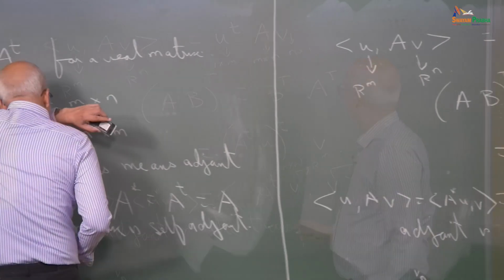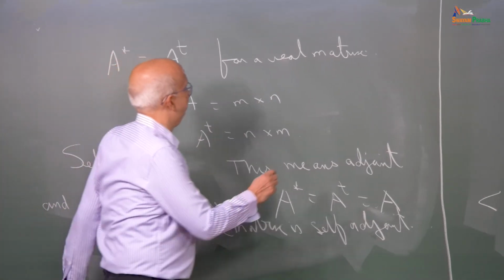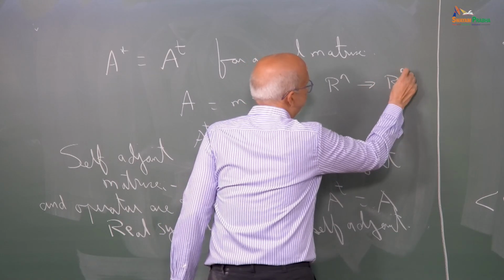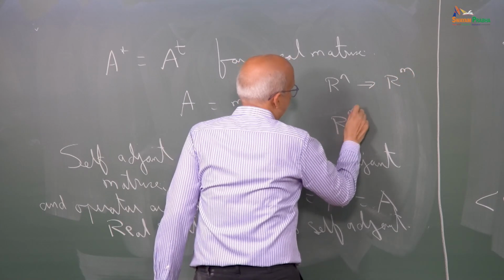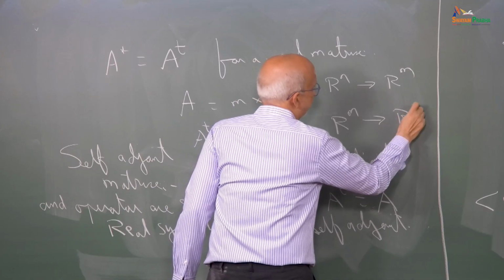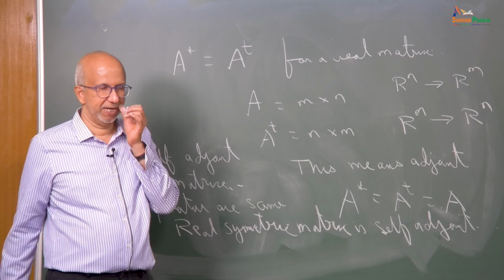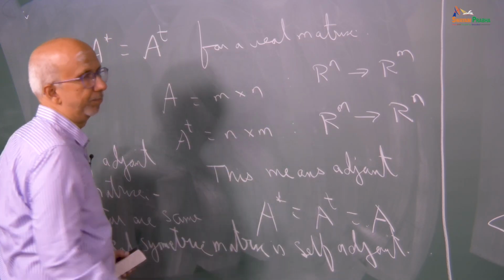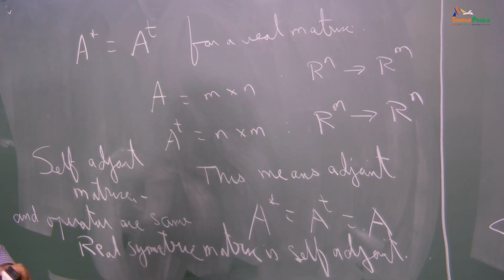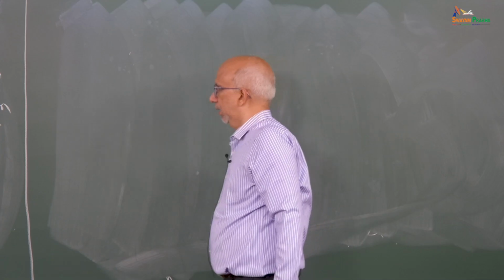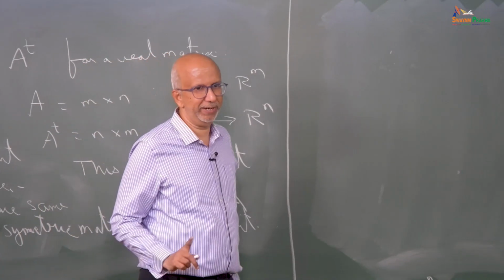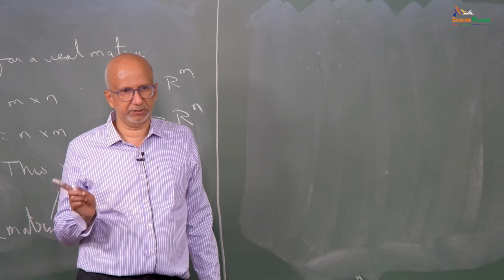A is going to map Rn to Rm, and A transpose will map Rm to Rn. So, finding the adjoint for matrices is straightforward, just take the transpose.